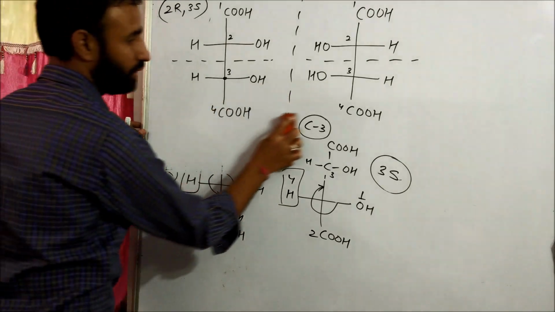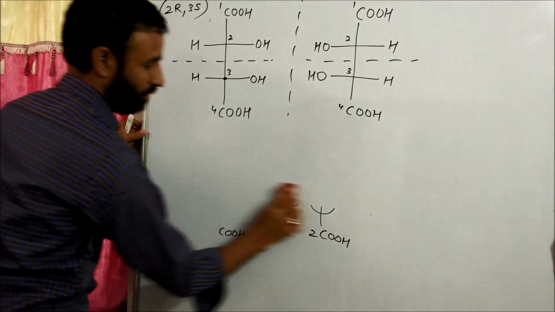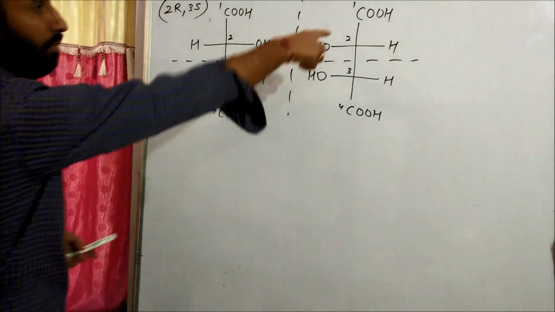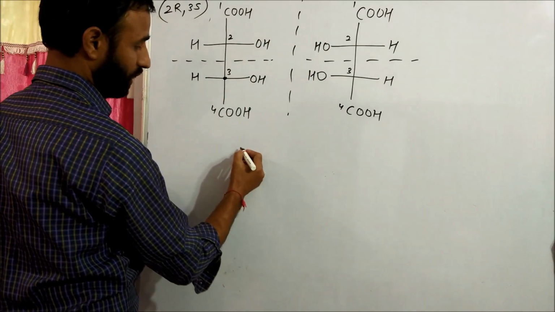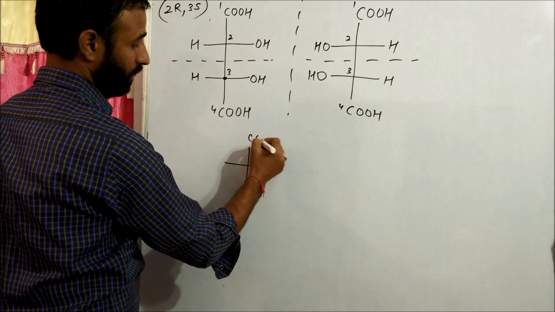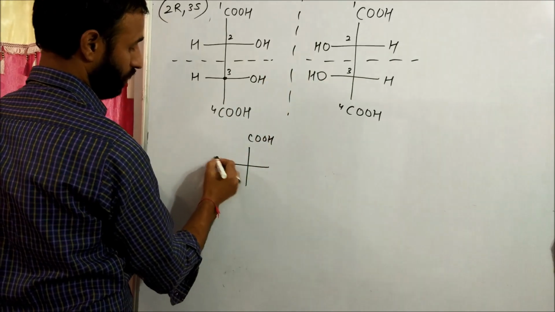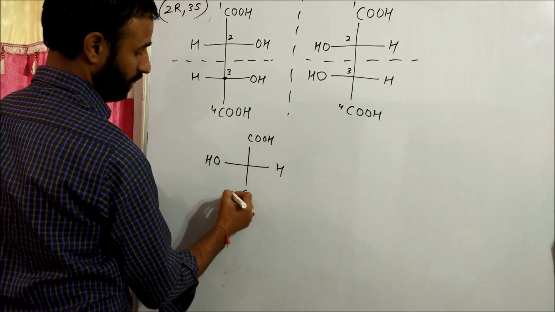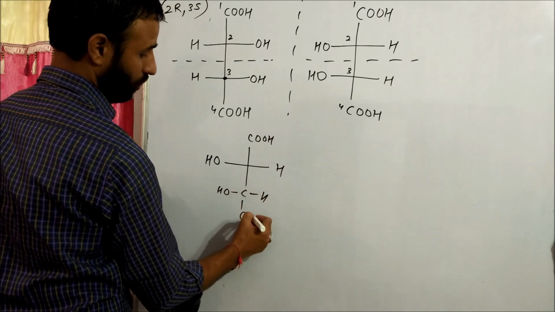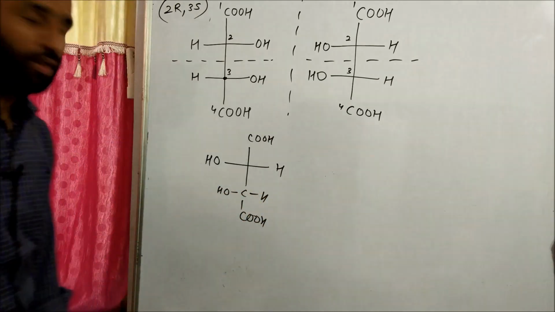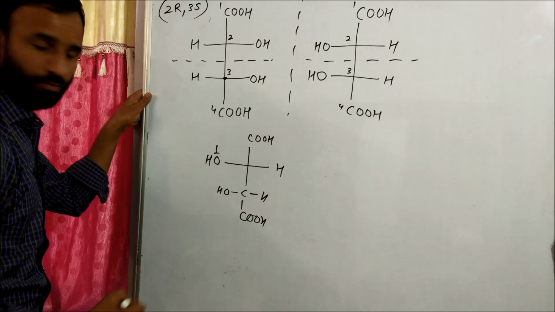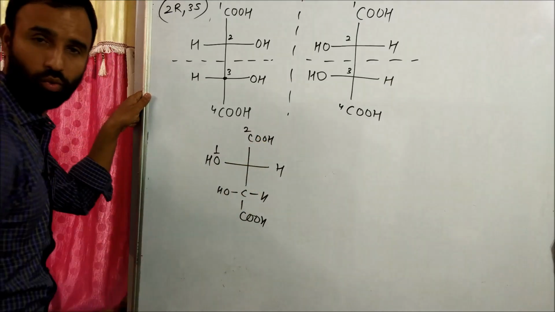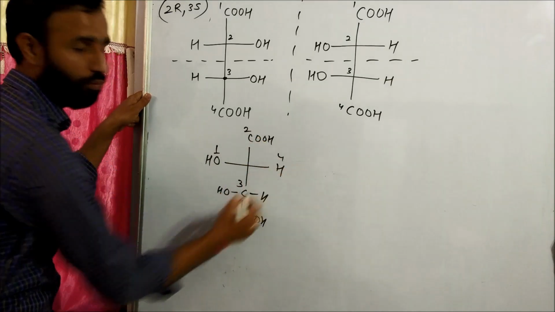Now, the second part. This one at C2, it is COH, OH, H, OH, H, COH. Again number 1, number 2, number 3 and 4.